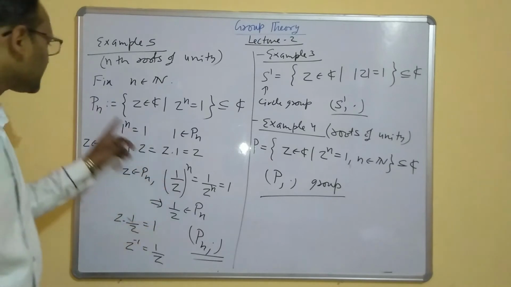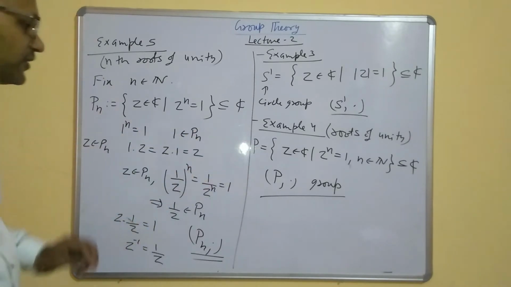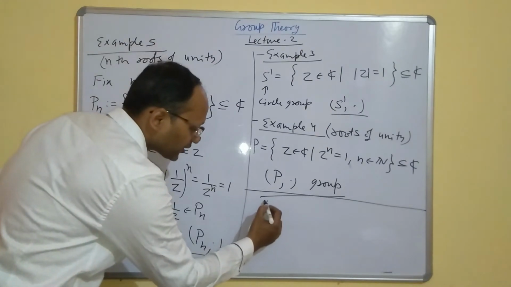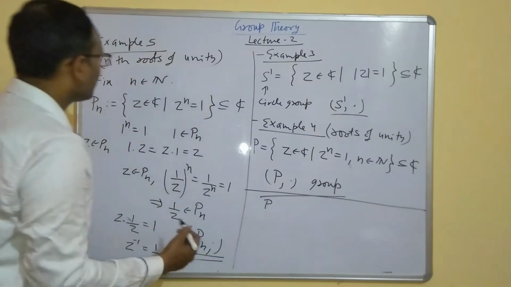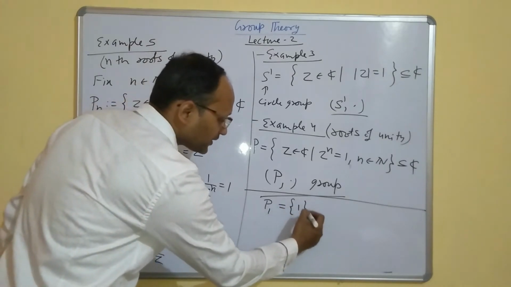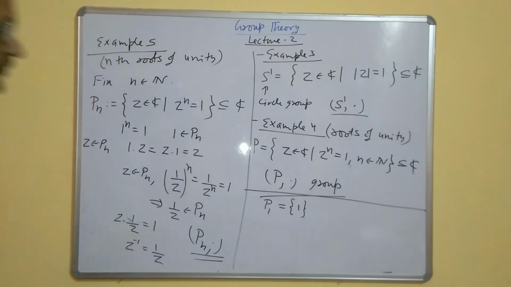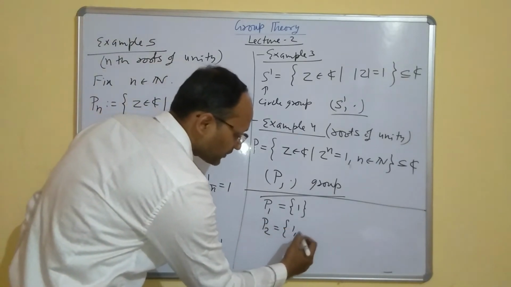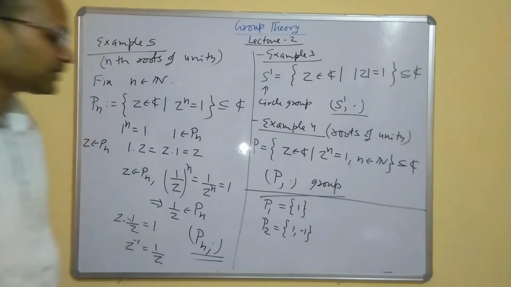Now you can ask what is the difference between P and Pn? One can see that, for example, if I talk about P1, that is the first root of unity, there is only one number such that 1 to the power 1 is 1. If we talk about P2, then 1, minus 1, the second roots of unity.